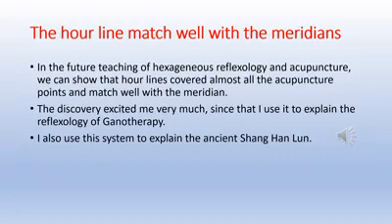So in the future, when we teach hexagenous reflexology and acupuncture, we can show that our hour lines cover almost all the acupuncture points and mesh well with the meridians. This is a very important discovery and excited me very much since then. I use it to explain the reflexology in Ganotherapy, and I also use this system to explain the Sanghanlun, which we are going to teach you in the future.